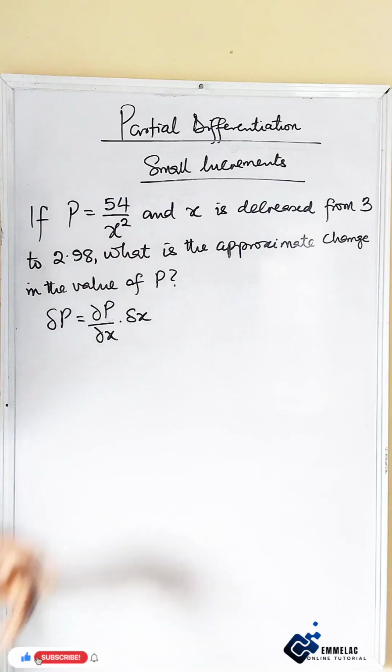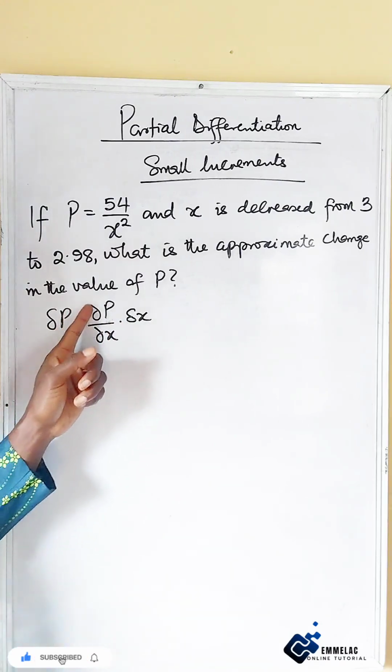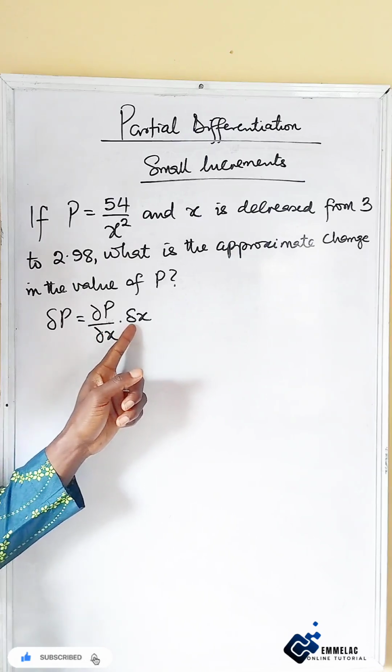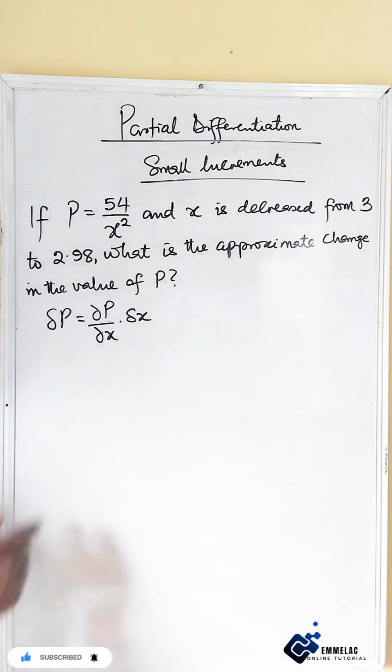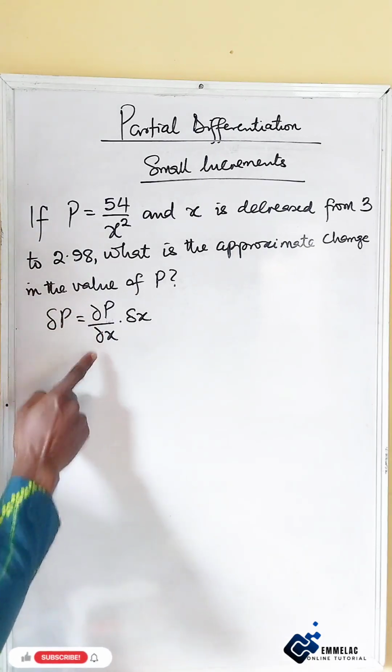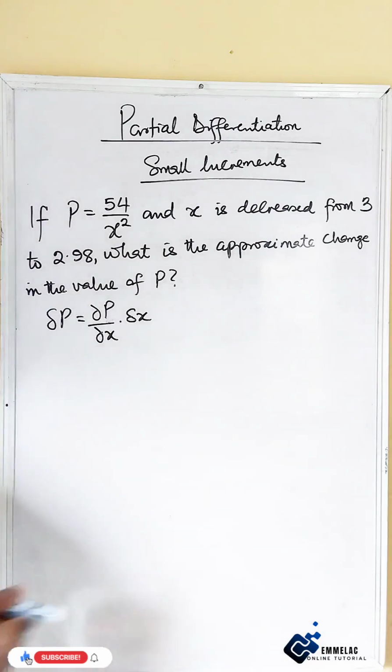Now take note of this sign. This is a partial derivative and this is just a small change. First of all, let us find the partial derivative of p with respect to x.